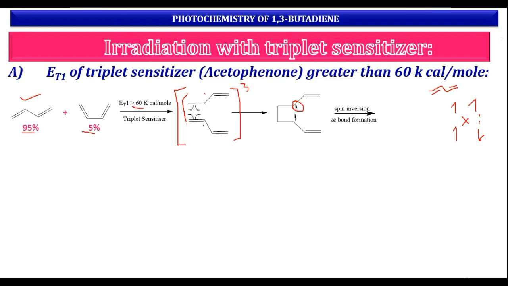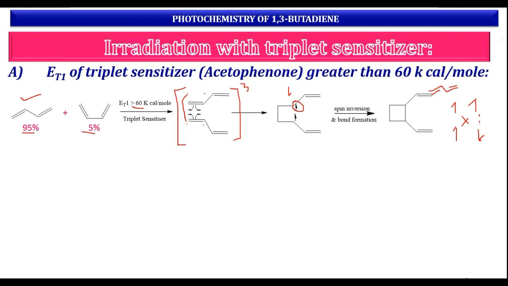During spin inversion, this electron's spin will be inverted. Now it makes a bond, and the product is S-trans divinyl cyclobutane.